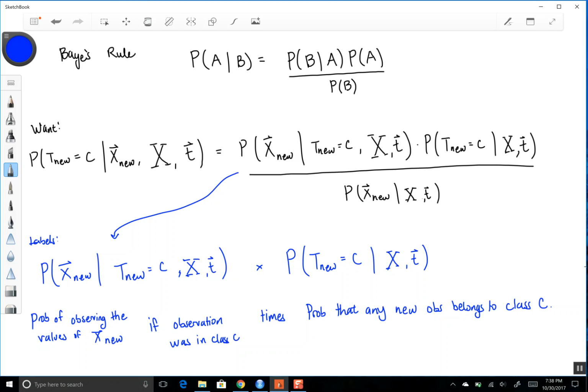The denominator, so here we have the probability of x new given x and t. This is equal to the probability of seeing the values x new given our training data.